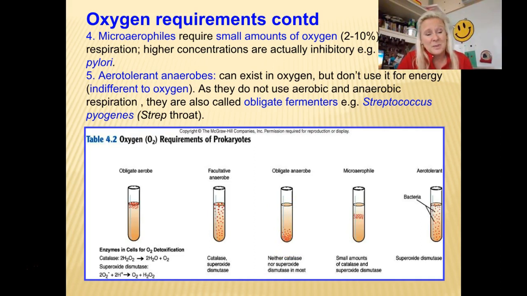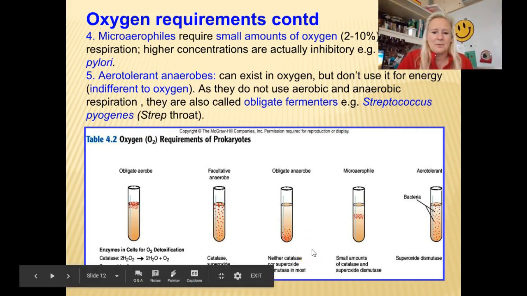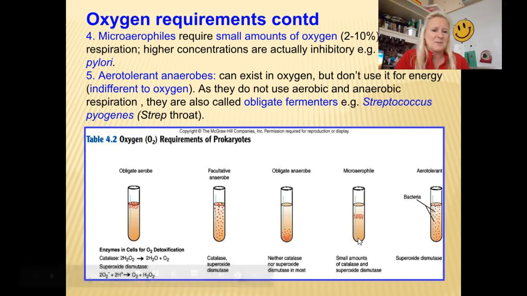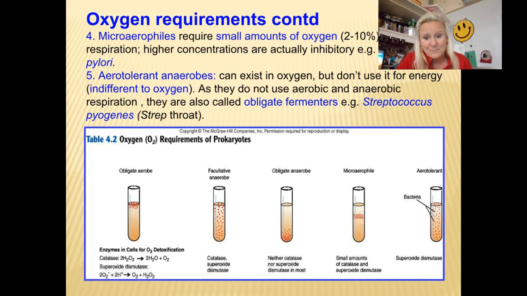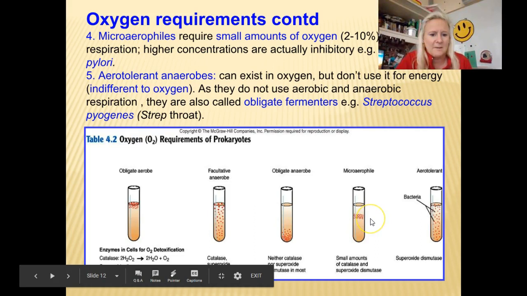As a matter of fact, there really shouldn't be any at all. Whereas now we've got the other three. I think the microaerophile is the easiest one to figure out because it requires 2 to 10% of oxygen. So that means it's going to grow towards the top of the tube, just not up at the very top. So that makes sense that it's growing right here.